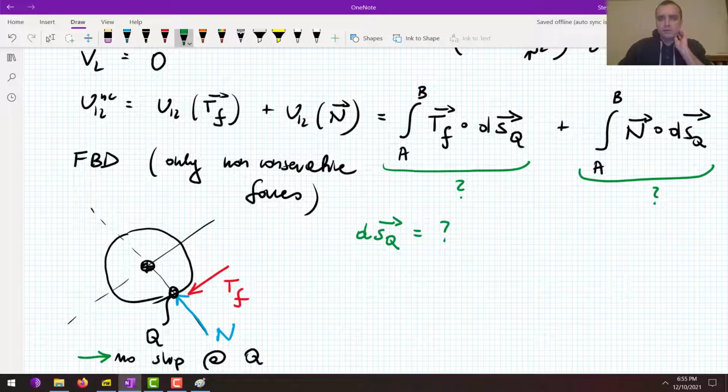And once you have dsQ, can you please tell me what are the answers for these two integrals? In other words, what are the works of these two forces? Feel free to pause the video right now and try to answer all of these questions. Take as much time as you want.